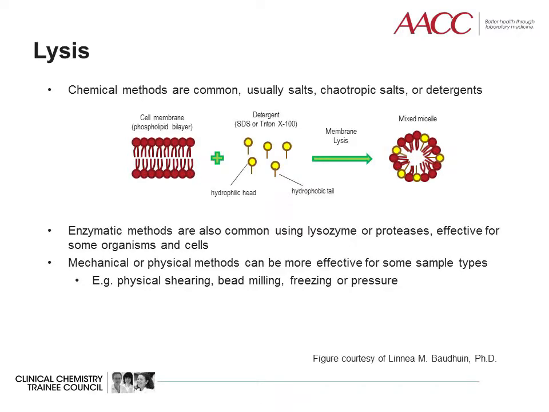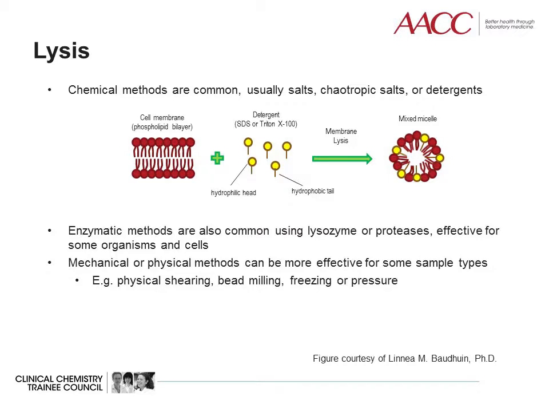Nucleic acids are released through one of several lysis methods that are differentially effective depending on the cell or organism. Chemical lysis, using salts, including chaotropic salts or detergents, is very common for nucleic acid extraction. It is very effective to use in easy-to-lyse cells.